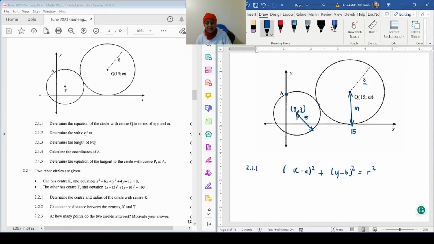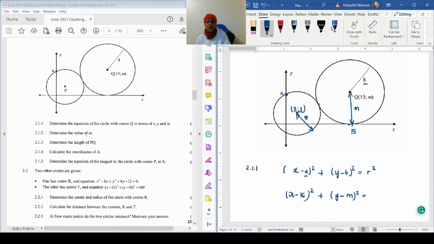We know that the value for a is 15. So we're going to have (x − 15)² + (y − m)² = 8², which is simply 64.